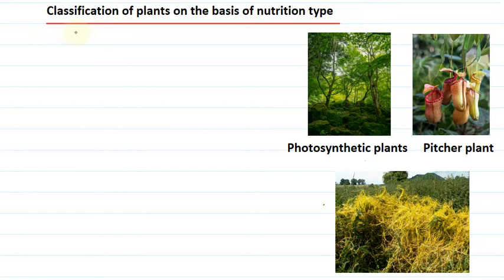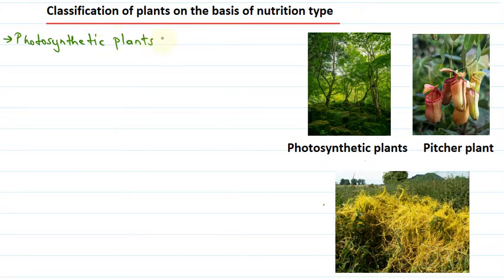First we will begin with the first type of classification of plants: photosynthetic plants. In our previous video, we covered the topic of photosynthesis.